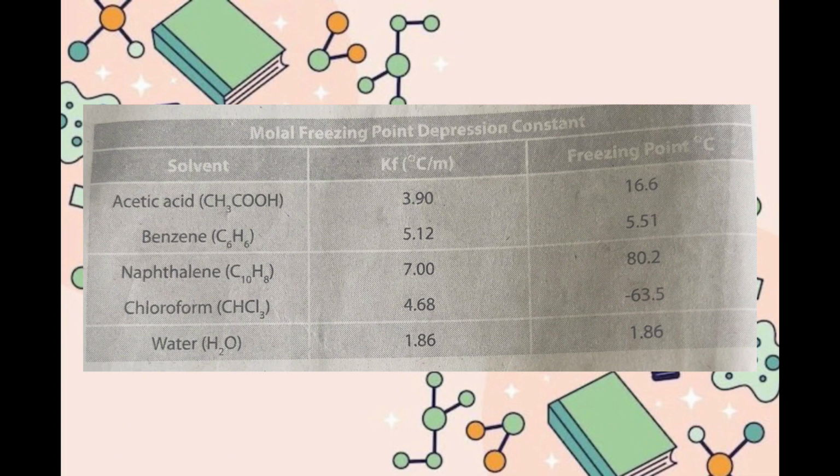Chloroform is 4.68 degrees Celsius per molality and negative 63.5 degrees Celsius for freezing point. And lastly, water, which is 1.86 degrees Celsius per molality and 0 degrees Celsius for freezing point.